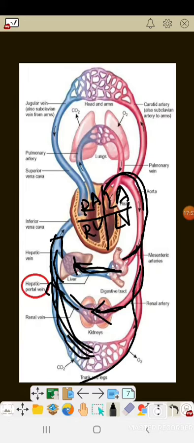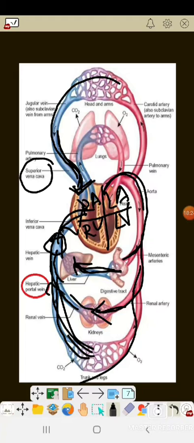So finally all the blood together from the lower parts of the body will enter the heart through the inferior vena cava, and from the upper parts of the head, arms and all the upper limbs, the deoxygenated blood will come through the superior vena cava, which enters the heart.